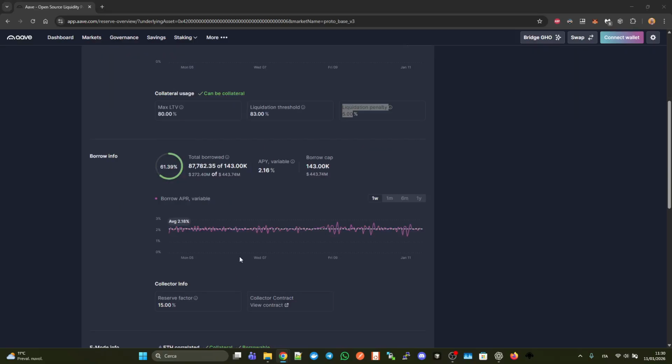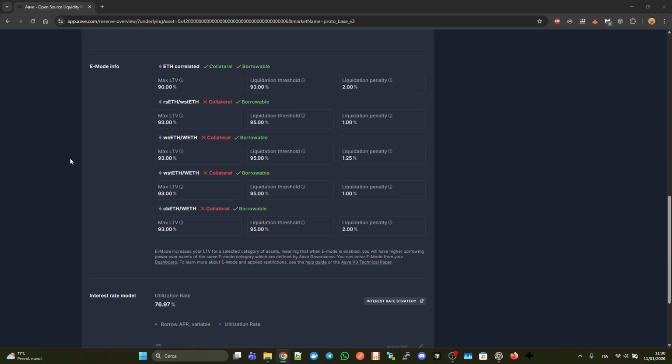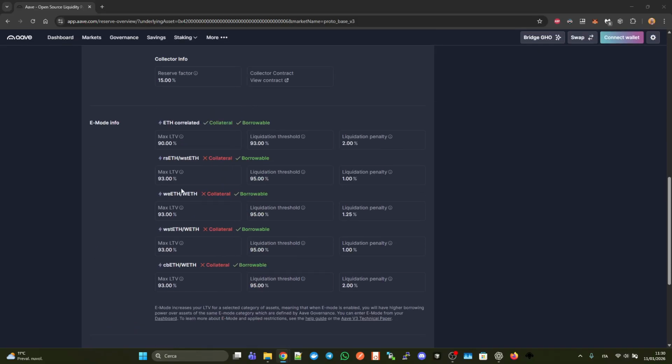Another thing that we will see here in Aave, in this case on Ethereum, is that, as you can see here, there are correlated assets like wrapped staked ETH and similar ETH-related assets.